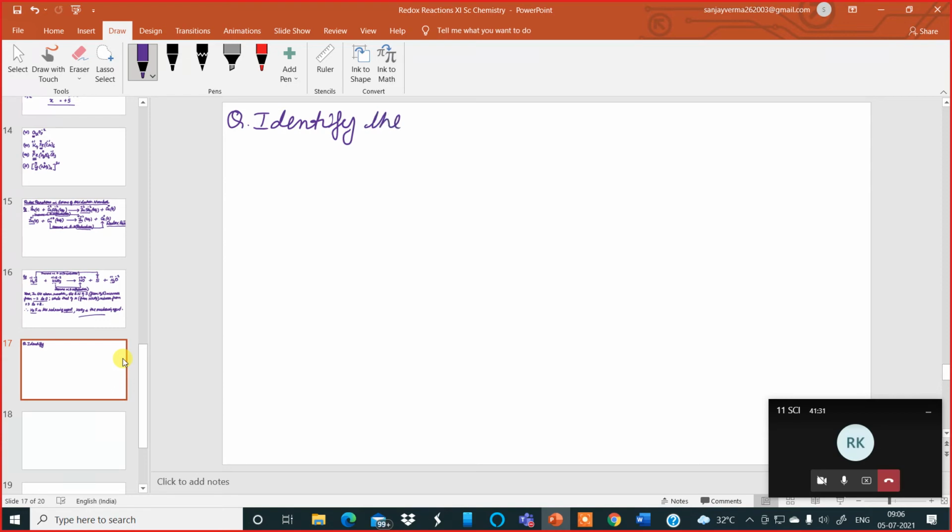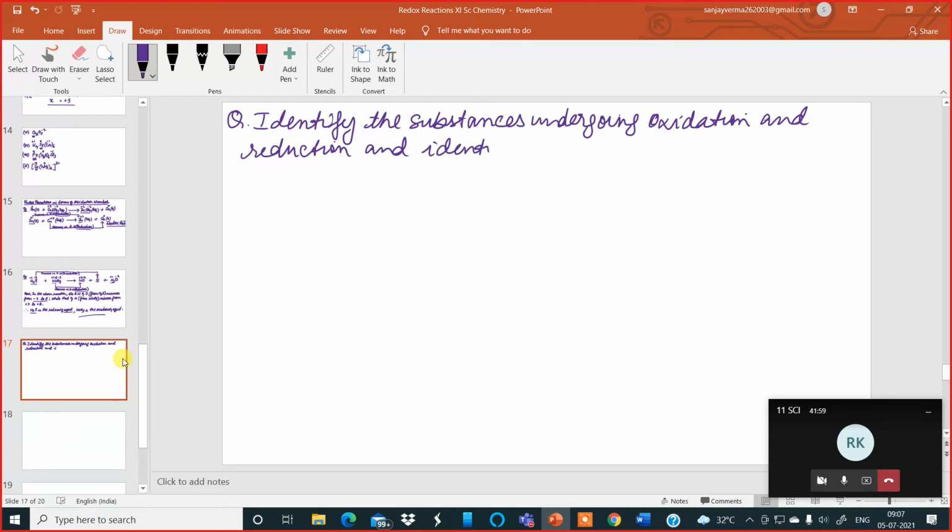Identify the substances undergoing oxidation and reduction, and identify the oxidizing agent and reducing agent also.